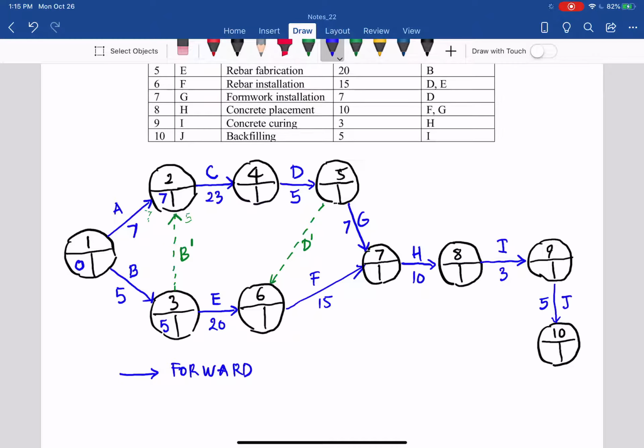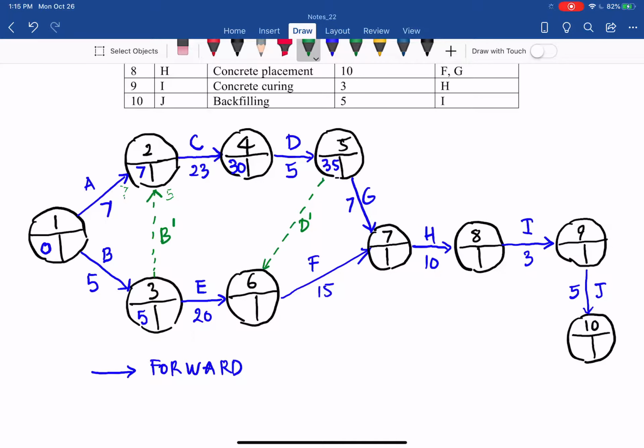For node 4, you have 7 plus the duration of C, 23, so you will have 30. Similarly, 30 plus 5 gives you 35. For node number 6, there are 2 arrows getting in, activity E and the D apostrophe, so we need to get the maximum.